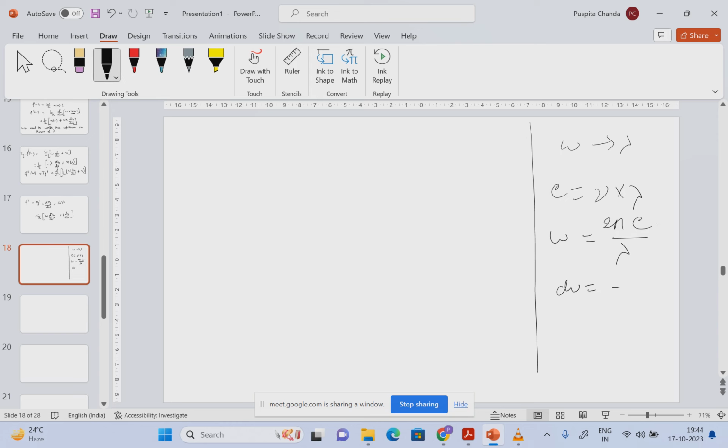So d omega is equal to minus 2 pi c by lambda square d lambda. So you need to put that. Let me show you the calculation real quick.